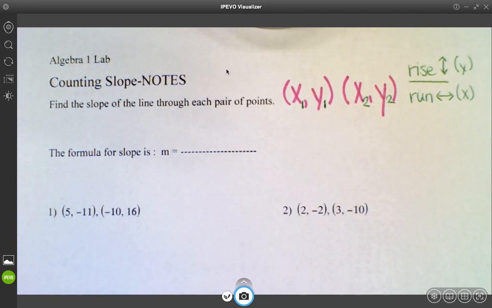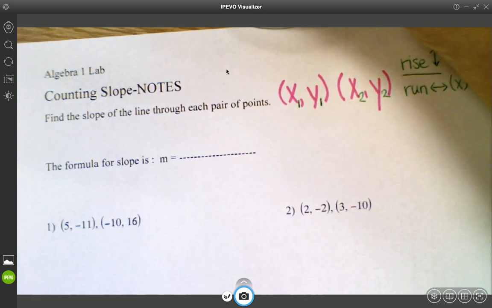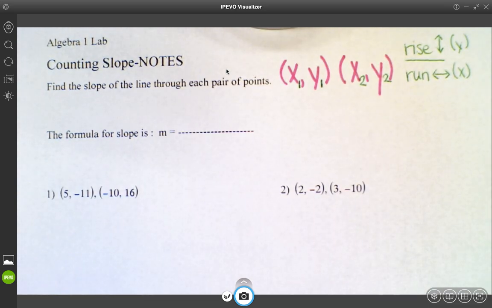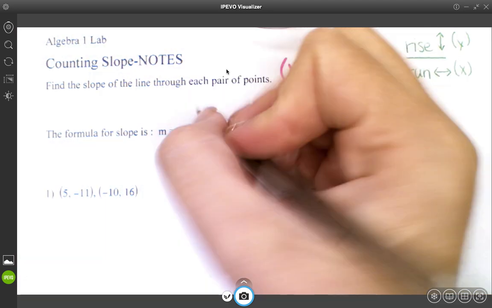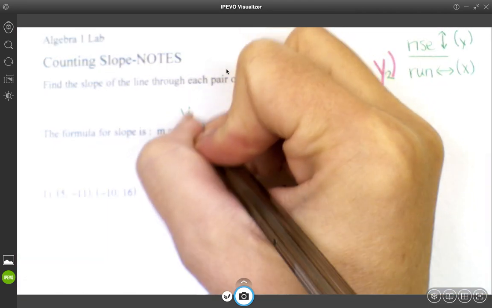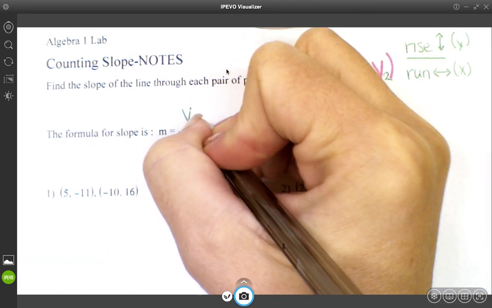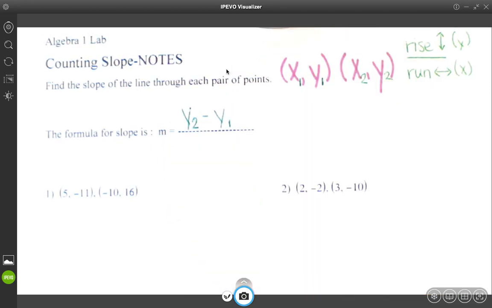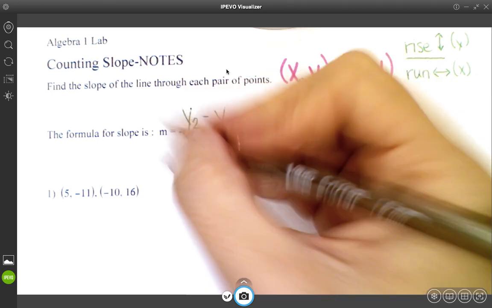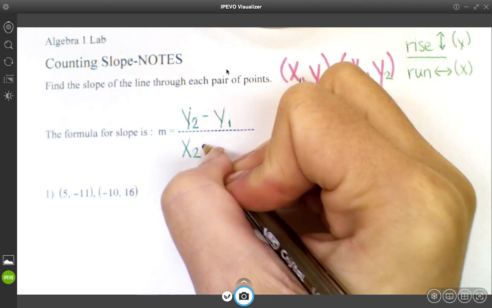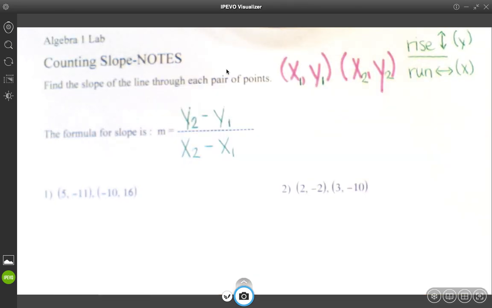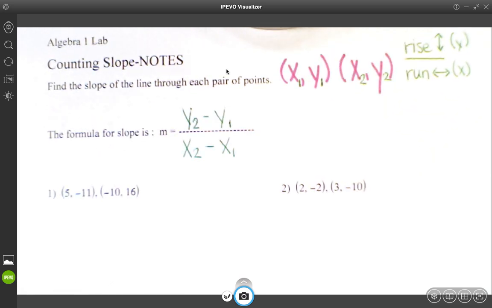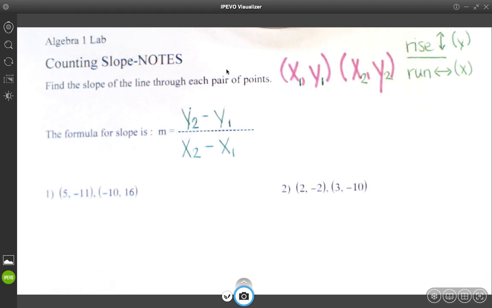So whenever you're doing a change, if we want to know the difference between two numbers, we subtract. So our formula for today, we are going to take the second y and subtract it from the first for our top number. So to get our rise and then our run, we're going to take x2 minus x1.